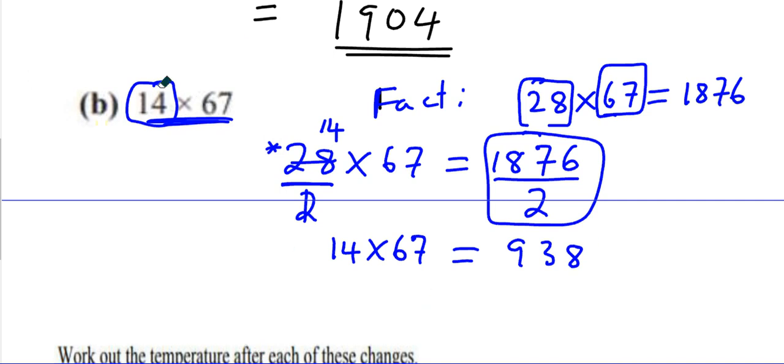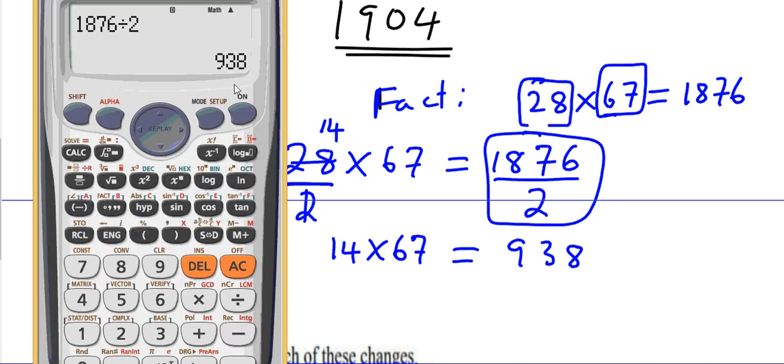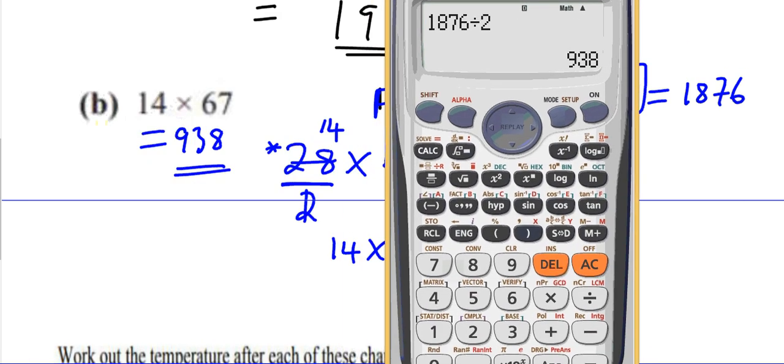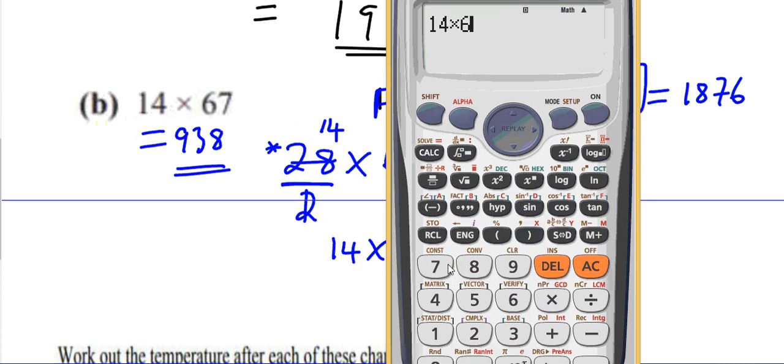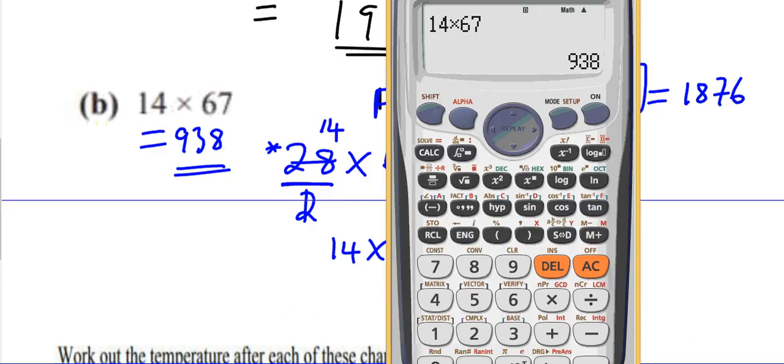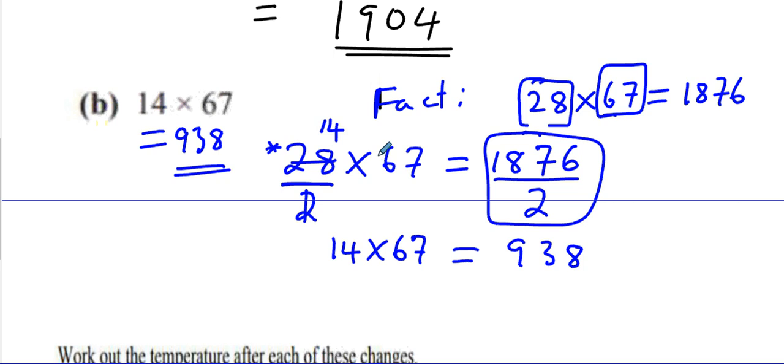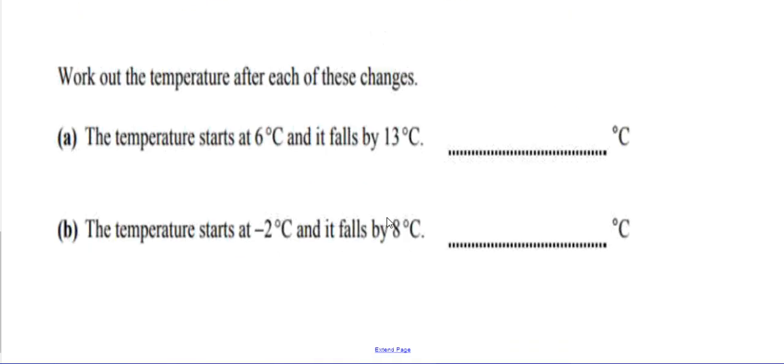It means that 14 times 67, the answer is 938. Now let us use the calculator to check if our answer is correct. Do 14 multiplied by 67. The answer is still 938. All right, let's go to the next question here.